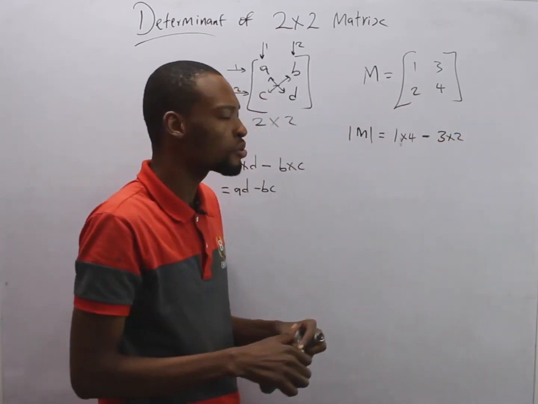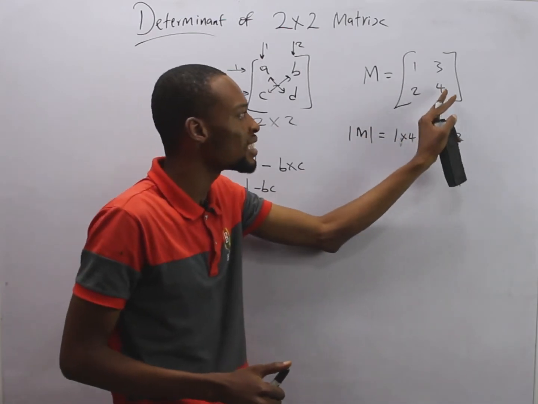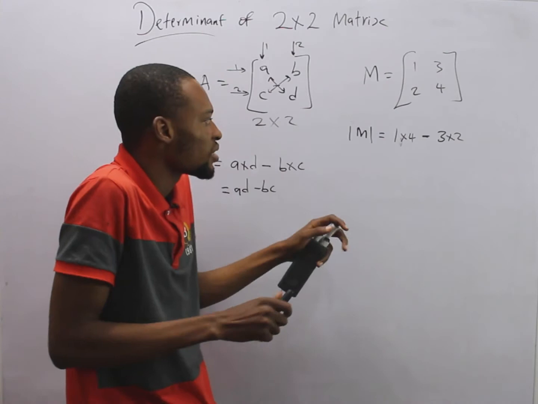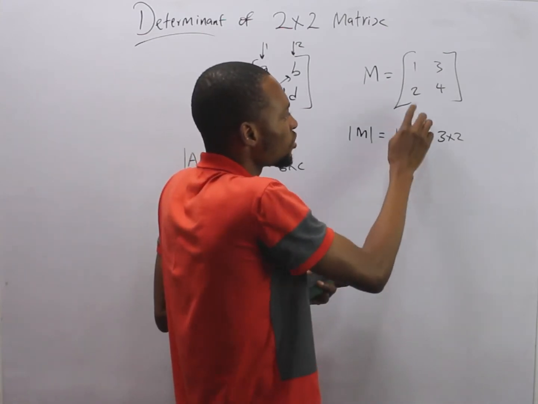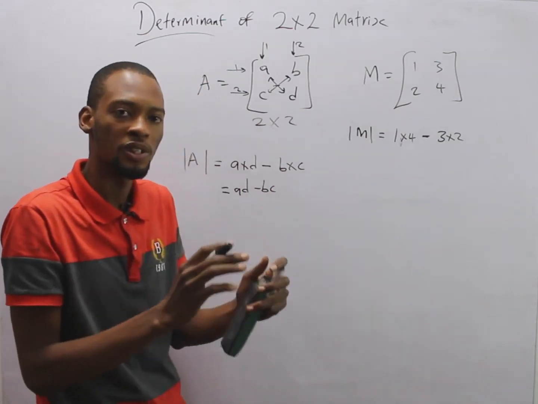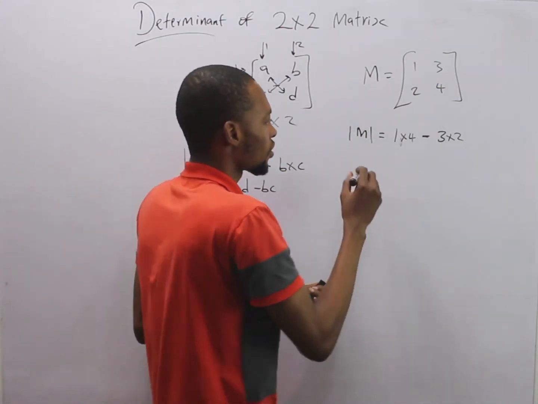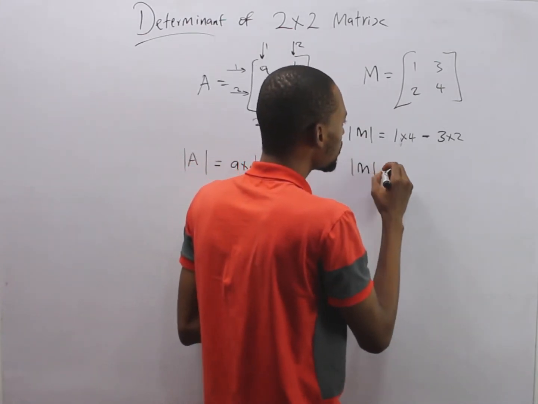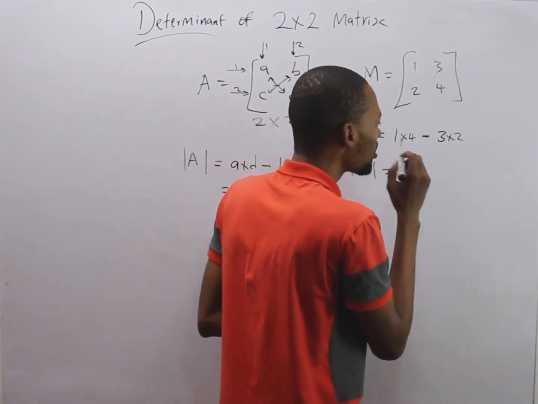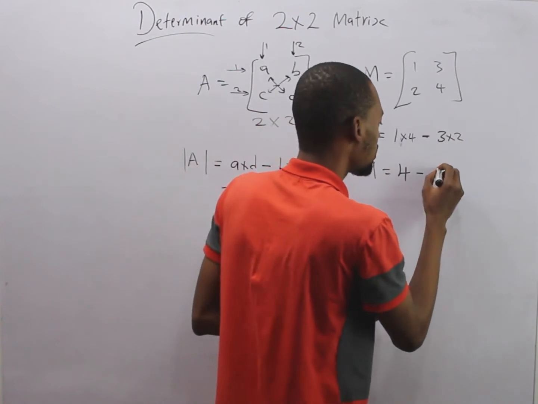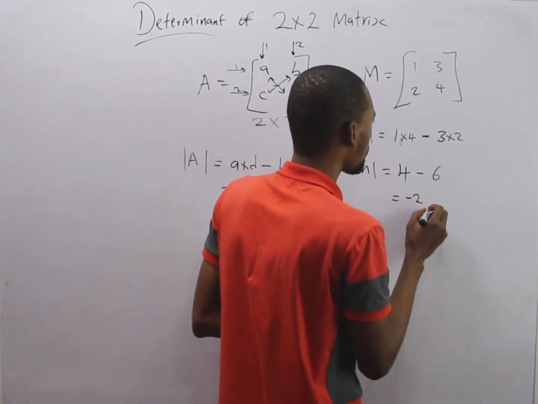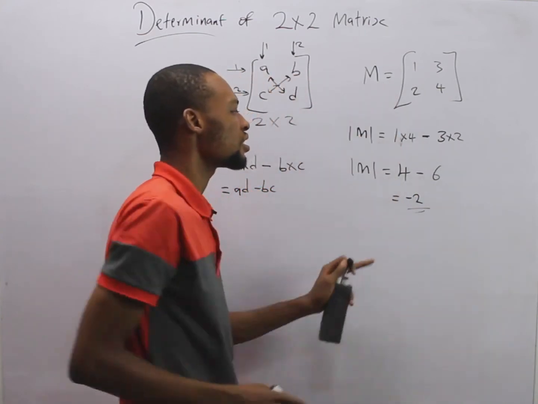And don't get confused. This times this is the same thing as this times this. So anyone that comes first, that's not a problem. You can choose to say 4 times 1 minus 2 times 3. That's not an issue because multiplication is commutative. The determinant is simply 1 times 4 is 4, minus 3 times 2 is 6. This is simply 4 minus 6, that's minus 2. So the determinant of this matrix is minus 2.